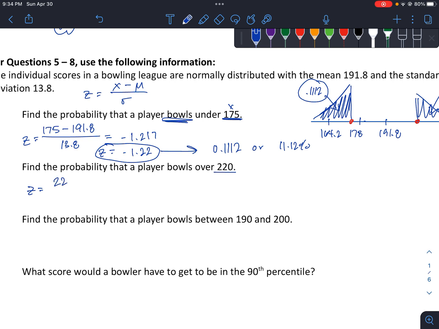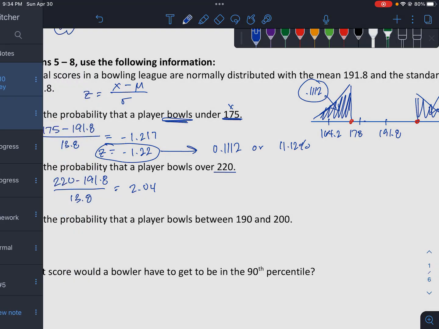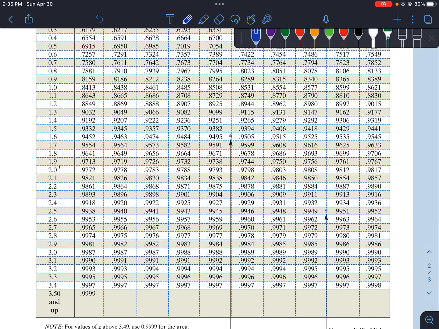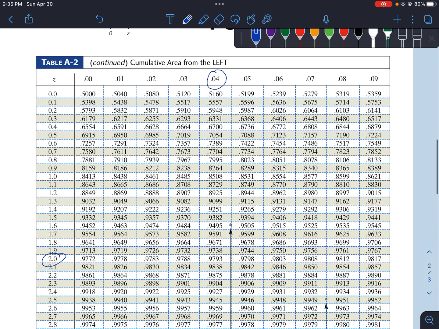So I'm going to do 220 minus 191.8, divide that by 13.8, and I get 2.04. Okay, so then let's go ahead and look up the area for that. So z-table, it's positive, so go to the positive side. I'm going to go to 2.0 and then 4.